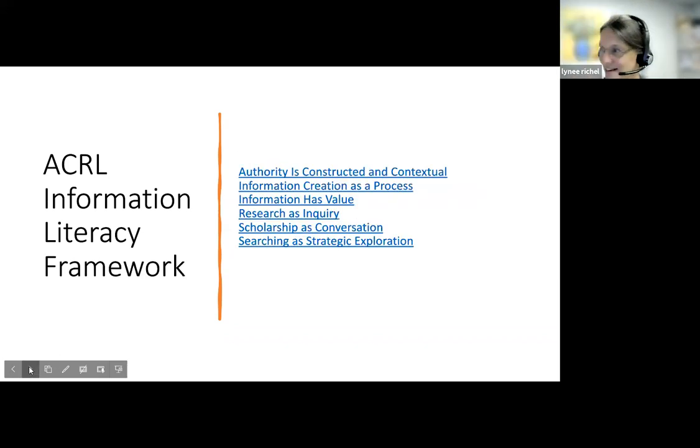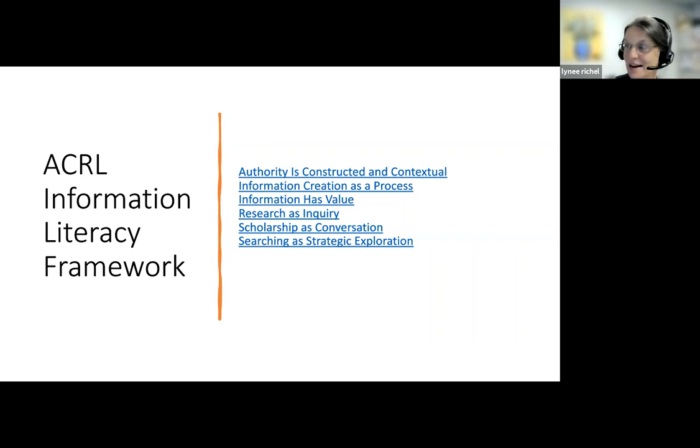So that was in the 90s and 2000s up to about 2015. And at that point, the Association for College and Research Libraries decided that they needed to update these standards. And instead of having standards with learning objectives that we've used, they came out with a very vague framework that students should be looking at for information literacy.